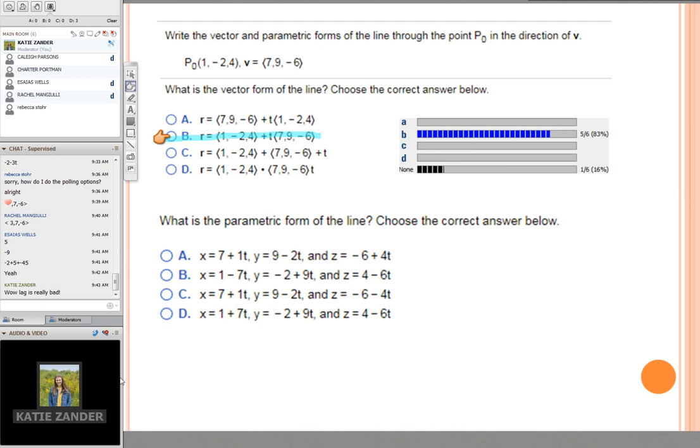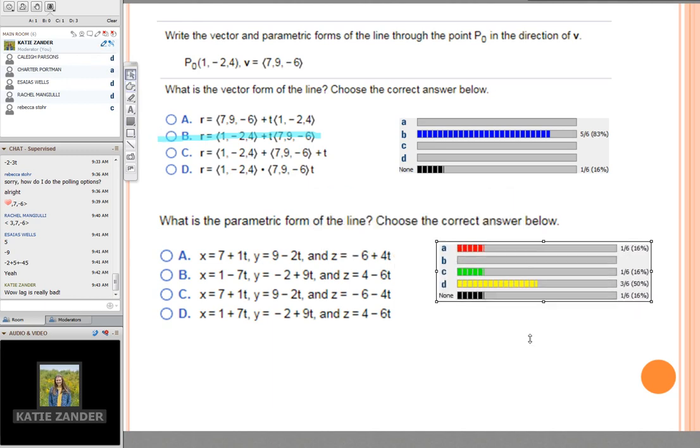All right, we're waiting for just 2 more responses to be locked in, and then I'll publish the results. Just 1 more response. All right, let's see where we're at.